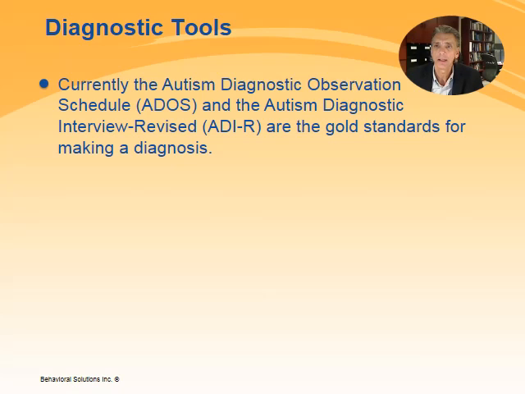If both a detailed structured observational approach, the ADOS, and a comprehensive developmental history interview, the ADIR, determine the child has autism, the confidence in the diagnosis can be very high. As with any multi-method approach, however, the situation does arise when the assessments give different results, thus making a determination of a diagnosis particularly challenging.